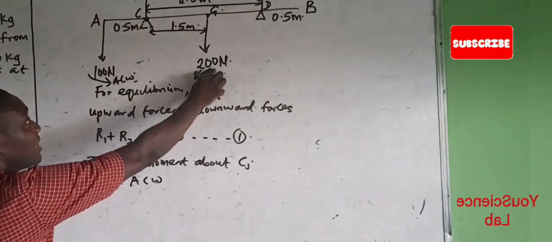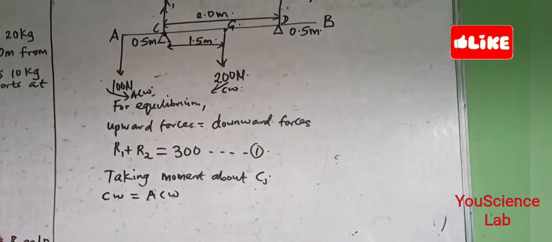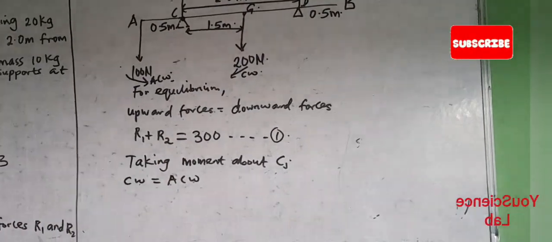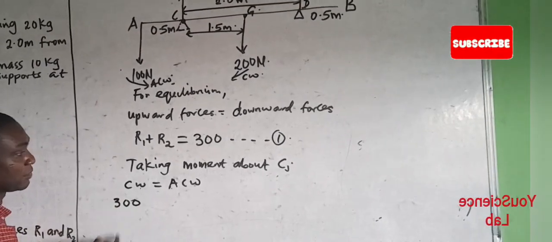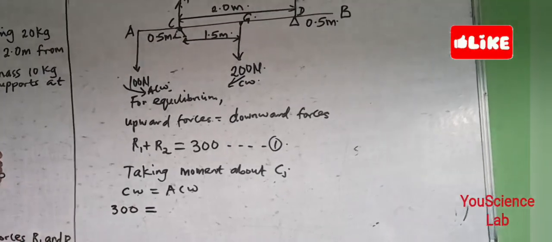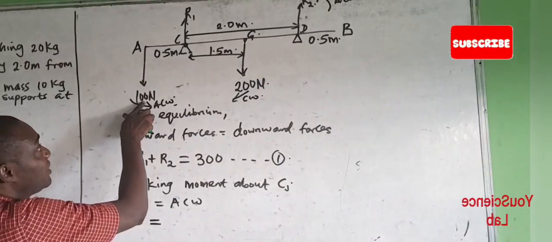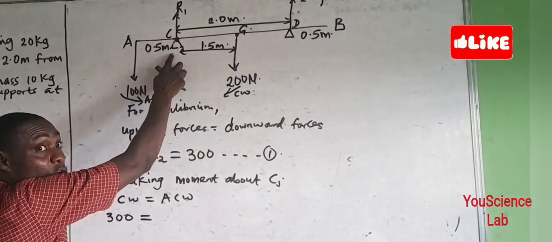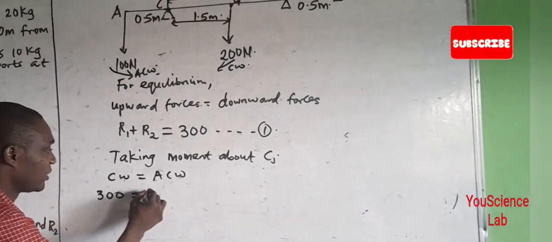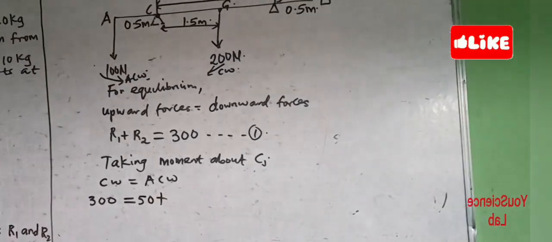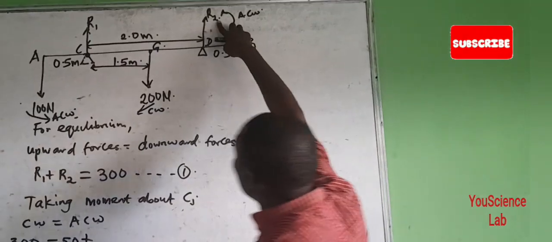So that will be 200 times 1.5. That gives us 300. 300 is equal to, now this is 100, the perpendicular distance is 0.5. So 100 times 0.5 is 50 plus, now the remaining anti-clockwise moment is R2.